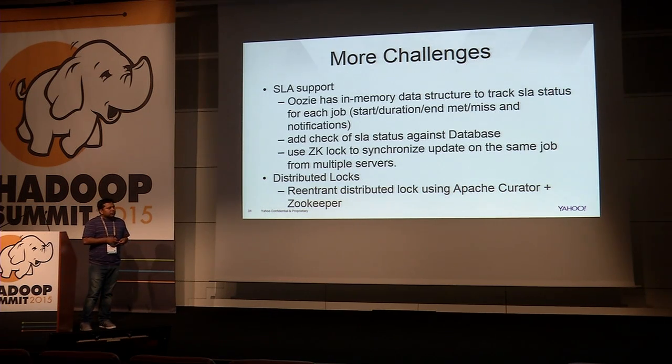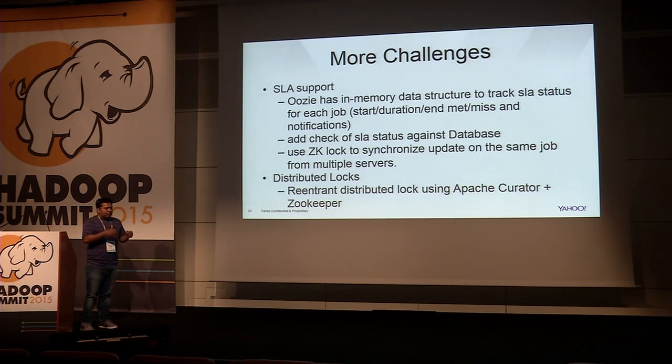Again, we used to do this in memory. A lot of things we used to do in memory, and we wanted to avoid DB calls because at one point there was a scaling issue with the DB calls. The HCat integration also has a problem: if one job has executed the SLA information for a particular state, how do you make sure the other server doesn't do the same thing?